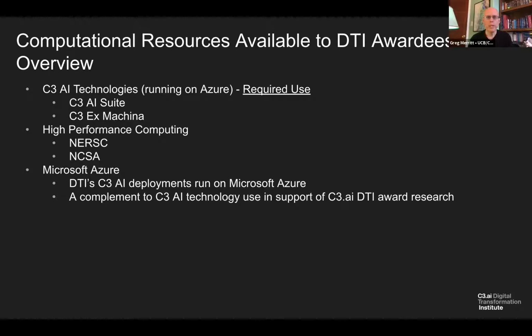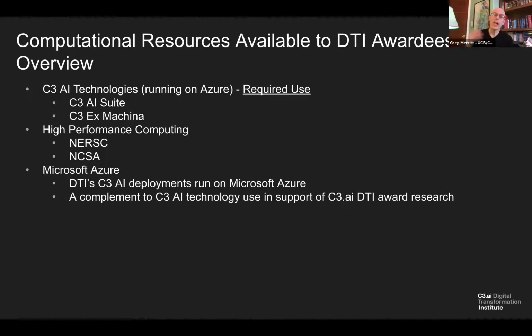And so my colleagues and I on the DTI tech team are here to help you understand how to do that before you submit your proposal, both through this information session, the two to follow, and some special office hours we'll be holding. So that's something you'll definitely want to tune into as we go through.